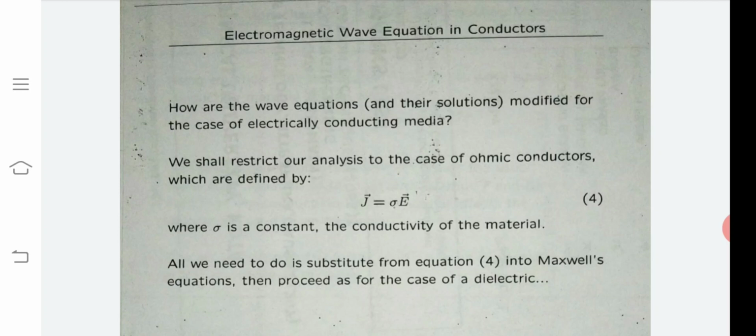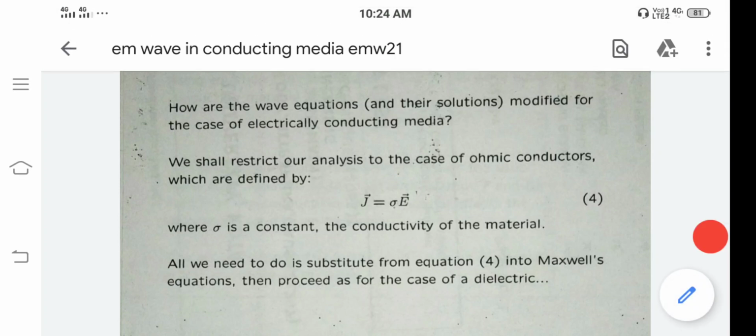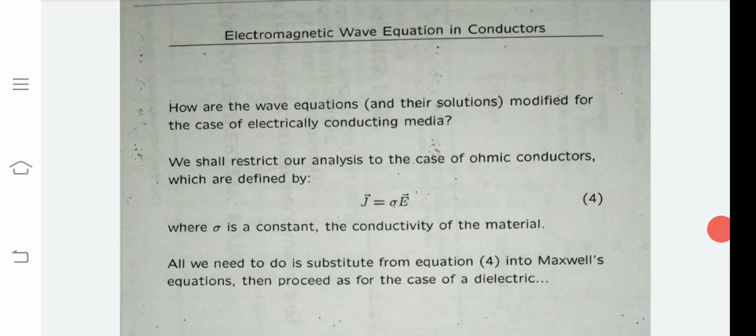EM waves are electric and magnetic waves which travel in space or in a conductor. What is the effect on the electromagnetic waves when passing through the conductor? What are the voltage and current equations for that?